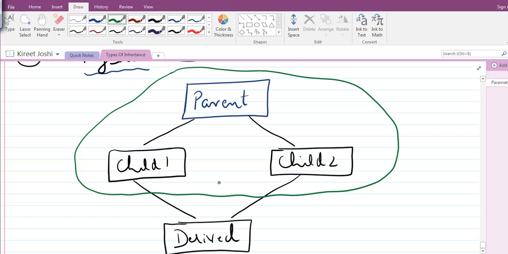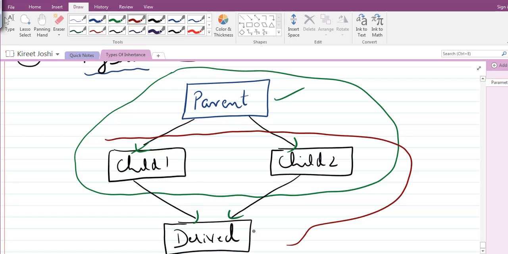This depicts hierarchical inheritance, where there is a single parent and it can have more than one child. And in this particular scenario, this depicts multiple inheritance, where we have more than one parent and a single child.